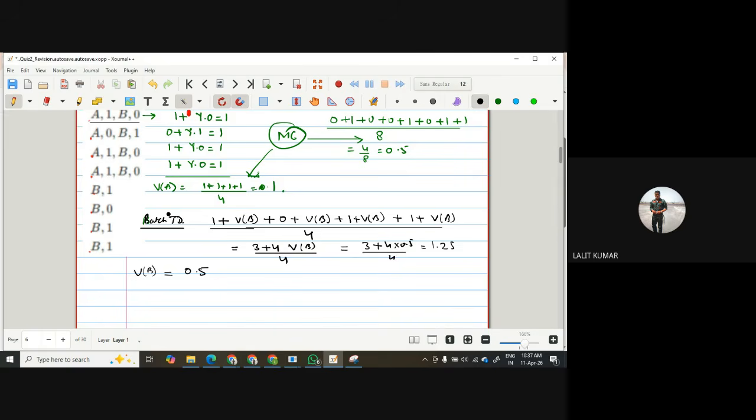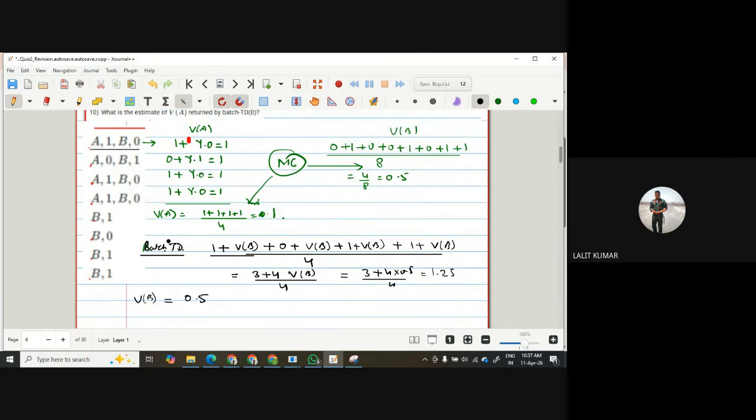Any question in this? Could you please explain batch TD once? Yeah. So in Monte Carlo, we take the value, so value is reward plus gamma into next state, and we calculate from every episode.